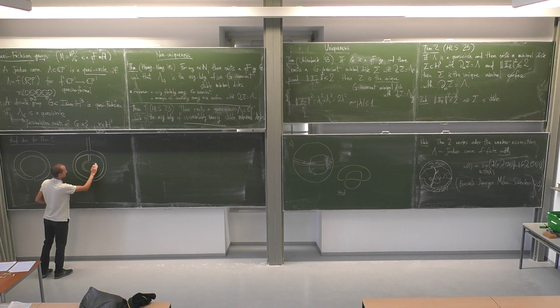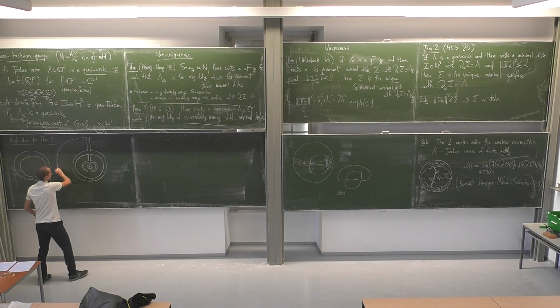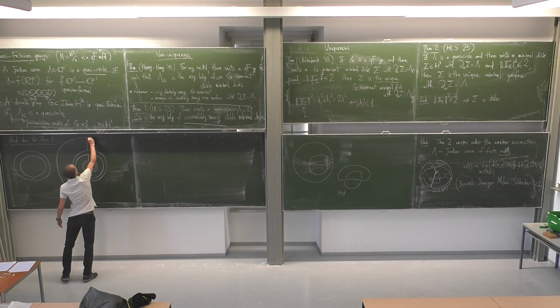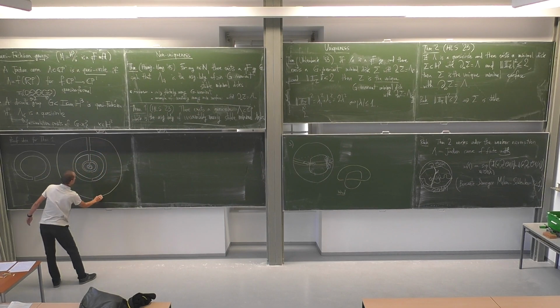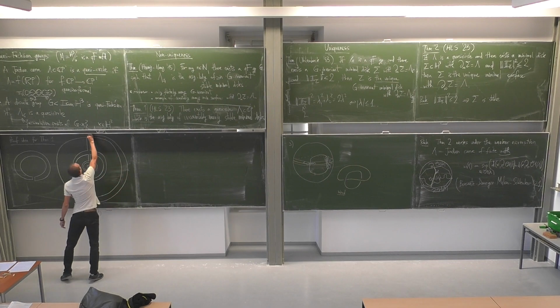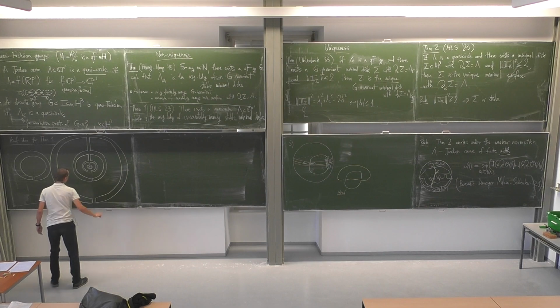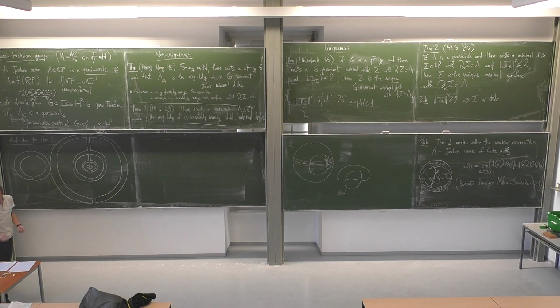And then we continue playing the same game, and so on and so forth. And also on the other side, a big circle like that, circle like that. And then we keep going. And we do it like we did before.